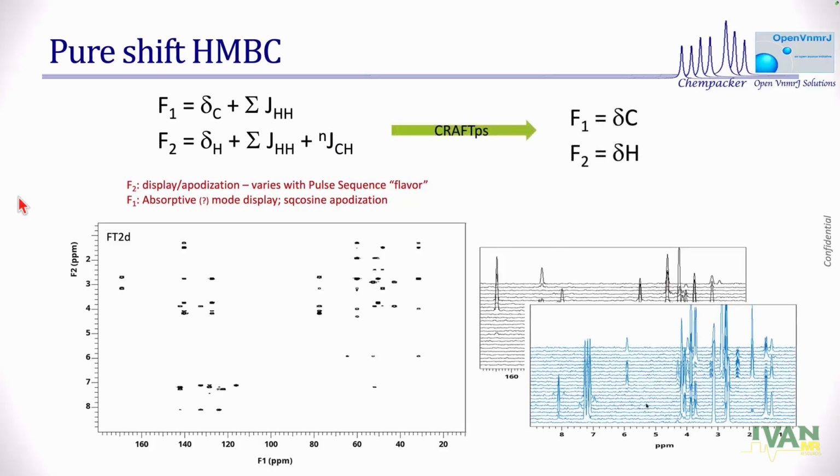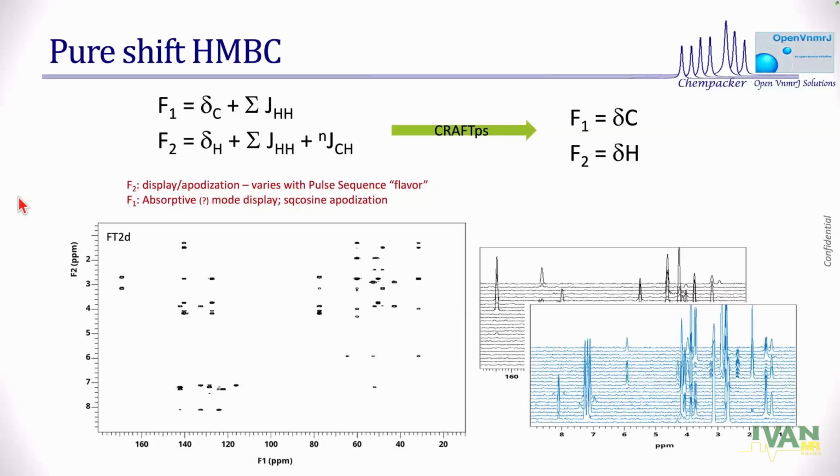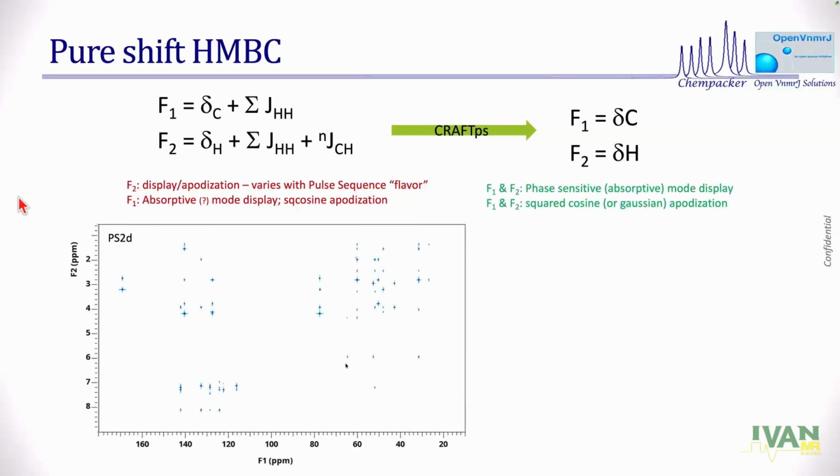You do CRAFTps, you get a carbon chemical shift and a proton chemical shift. That is your CRAFT pure shift spectrum, phase sensitive in both modes. I'm using Gaussian because I don't have the patience to wait for a 32K by 32K transform, so I just transform it shorter.